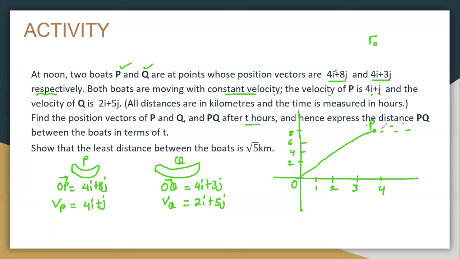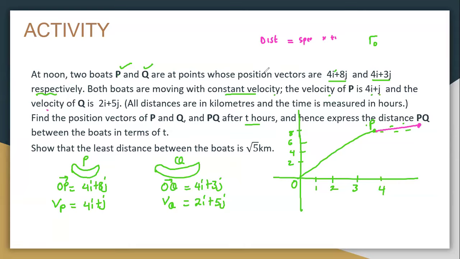So, in order for us to get where the particle, this boat P, is going to be, we are going to come here and allow me to use this pink. So maybe it is moving like this, and maybe now it is here. In order to get the position from P up to where the boat is going to be, we remember that distance is given by speed times time.